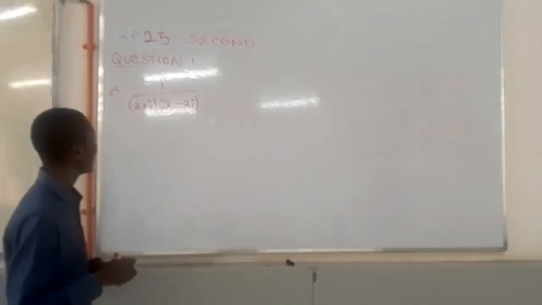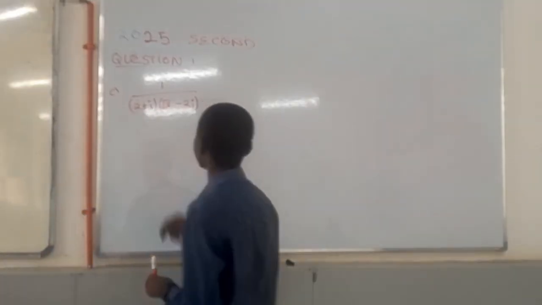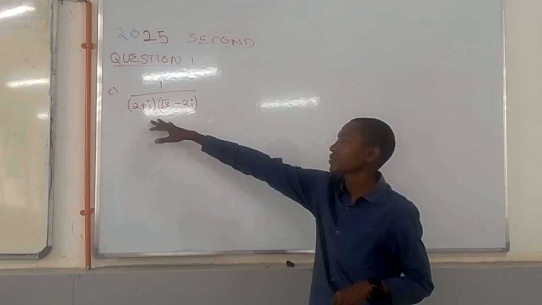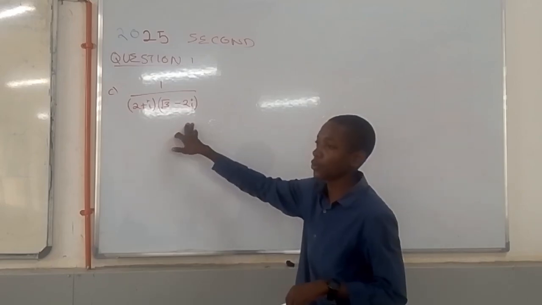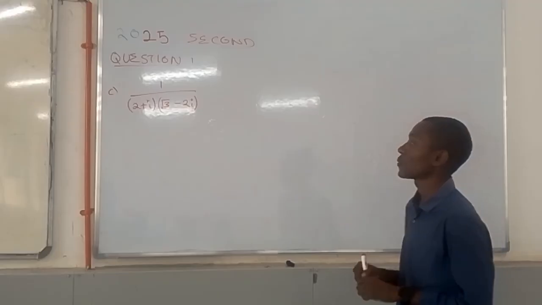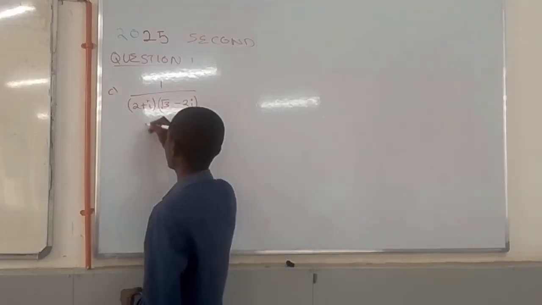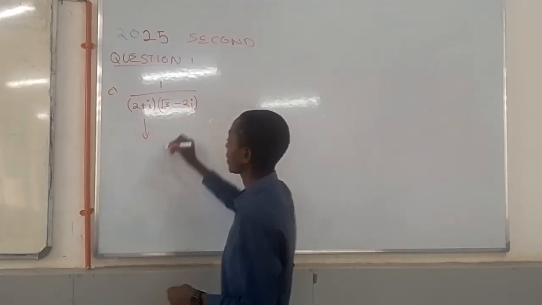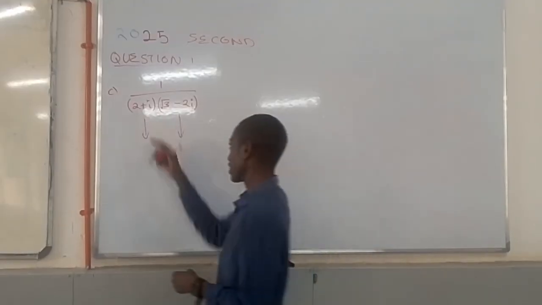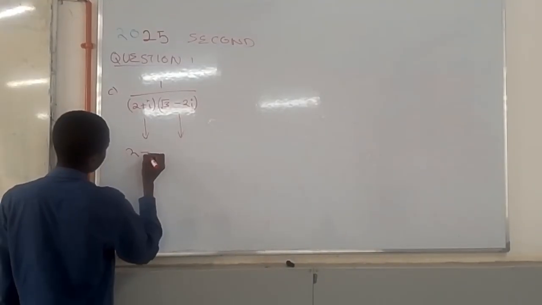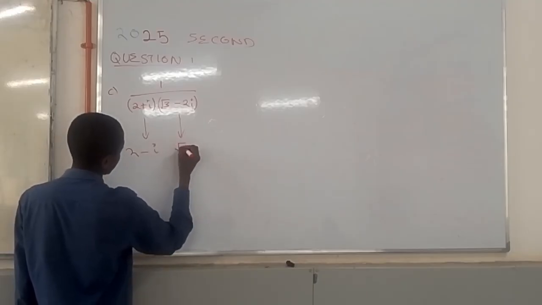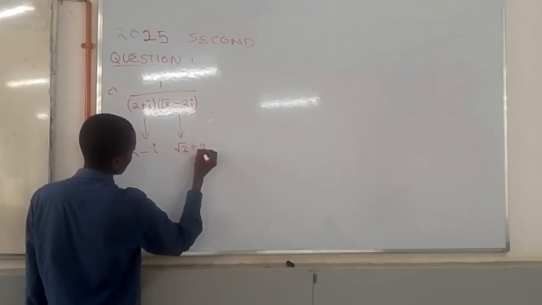Okay, so this one quickly. We can see this one has a 2 and an I, so what we need to do is multiply it by the conjugate of this one and the conjugate of this other one. The conjugate of this one is 2 minus I. The conjugate of this other one is root 3 plus 2I.